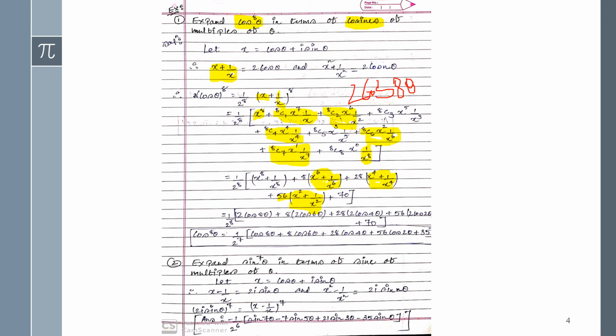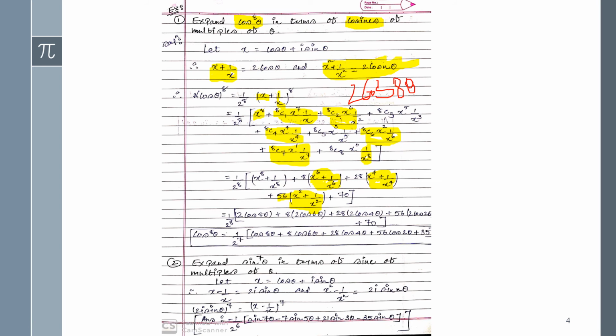Okay guys, so I've given the simplification, and at the last, in place of the pairs which we have made, you can apply this formula: x raised to n plus 1 upon x raised to n power. So I'm applying this formula.